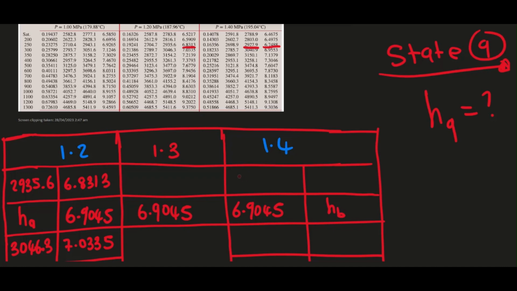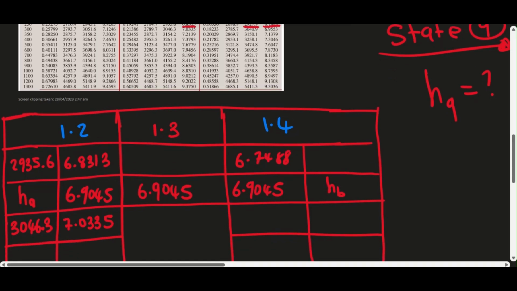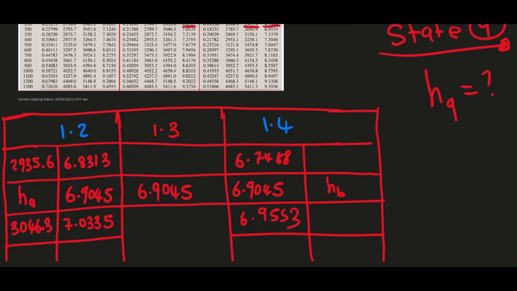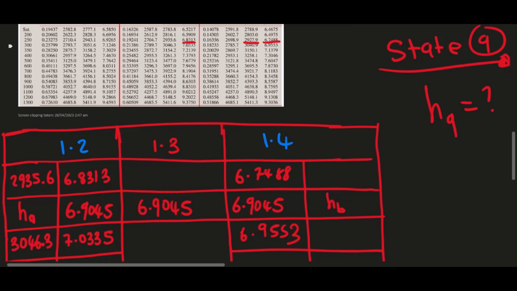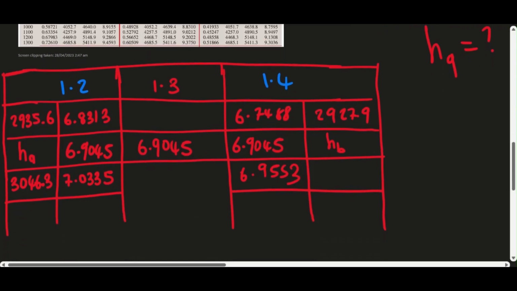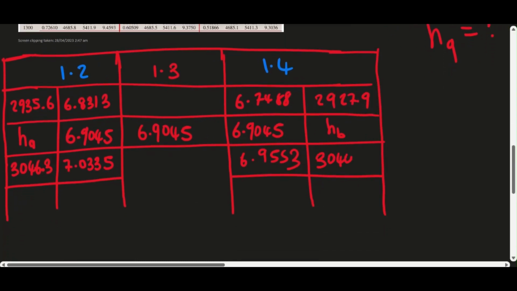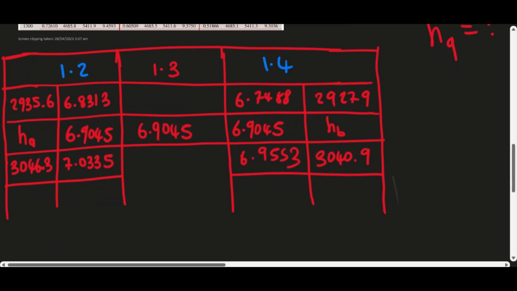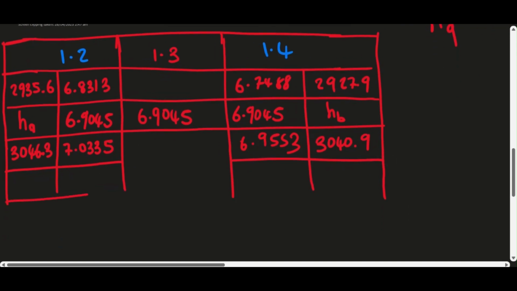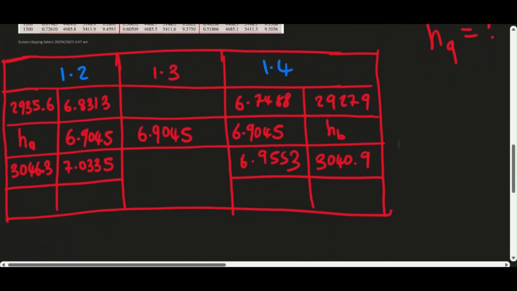So it's in between 6.7488 and 6.9553, and we'll interpolate between those given enthalpy values of 2927.9 and 3040.9. Okay. So that's the first stage.